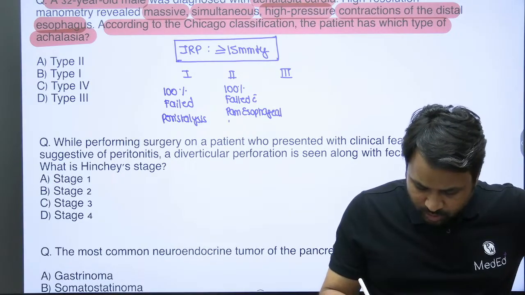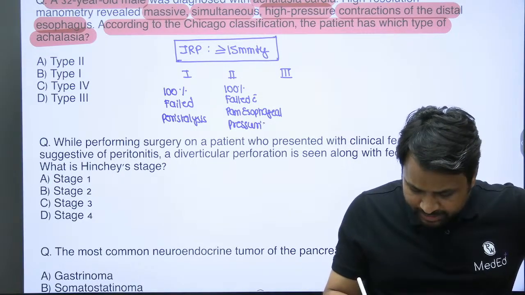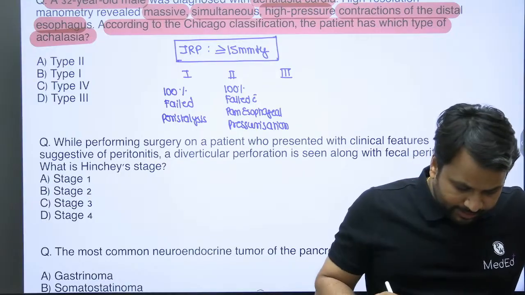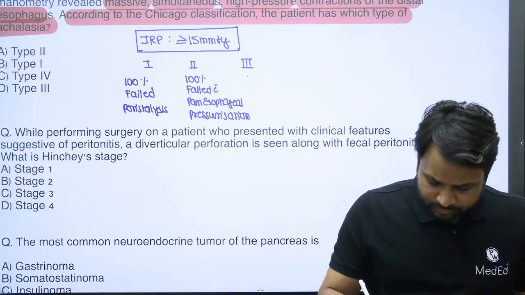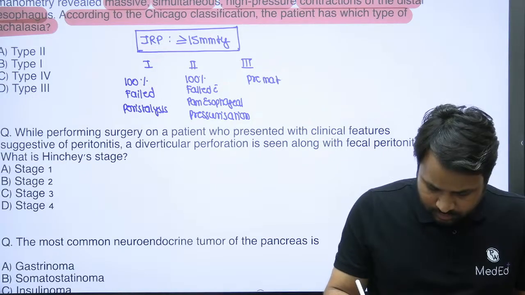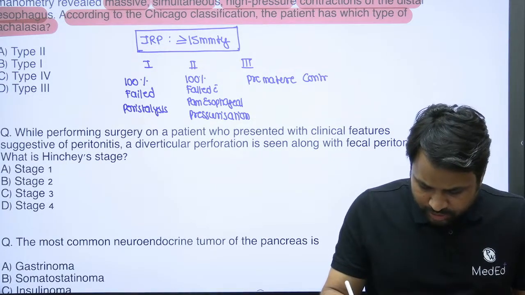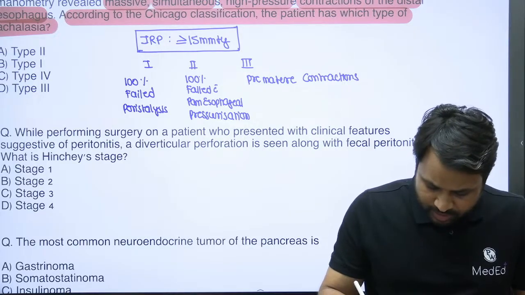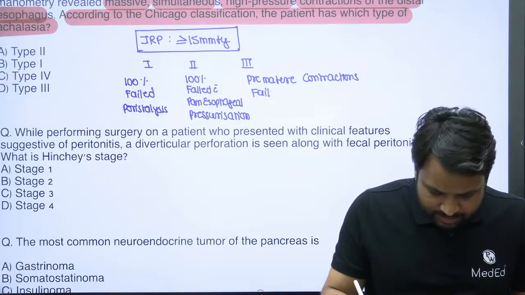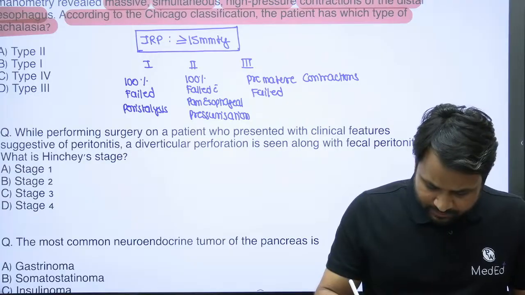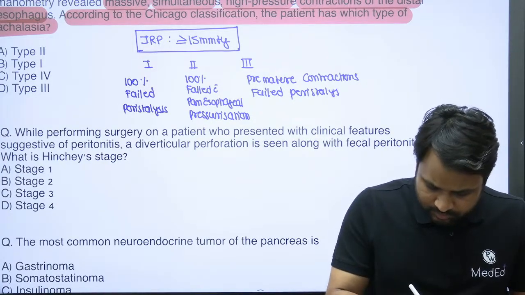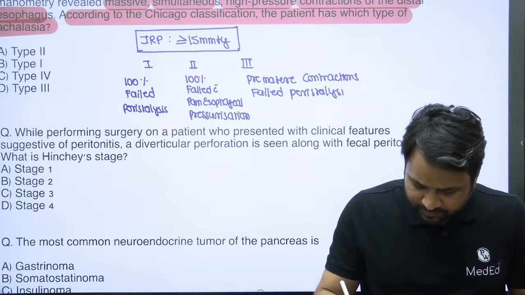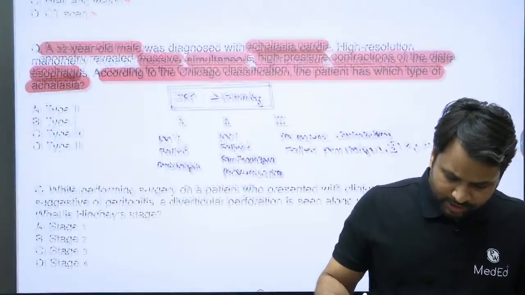In type 3 achalasia cardia, you will have premature contractions in the esophagus, with failed peristalsis with or without pan-esophageal pressurization.